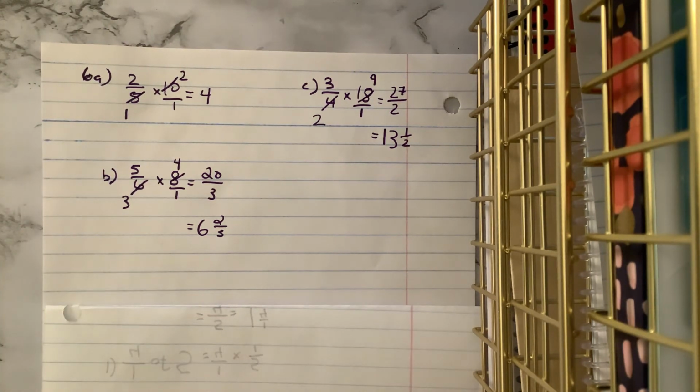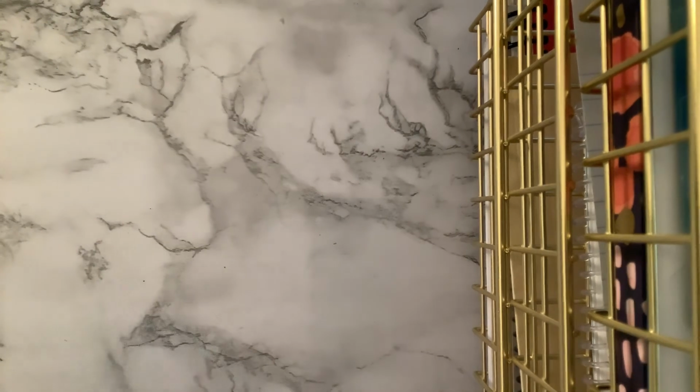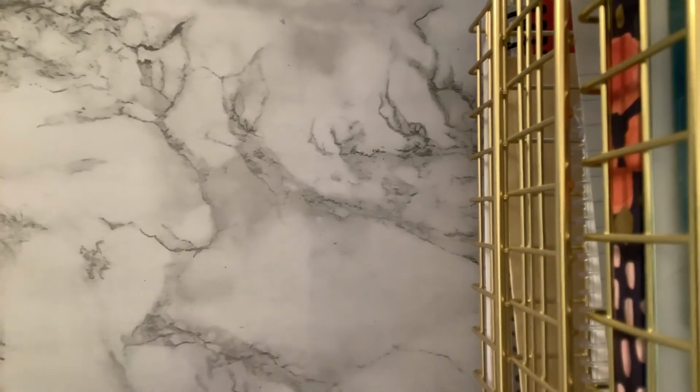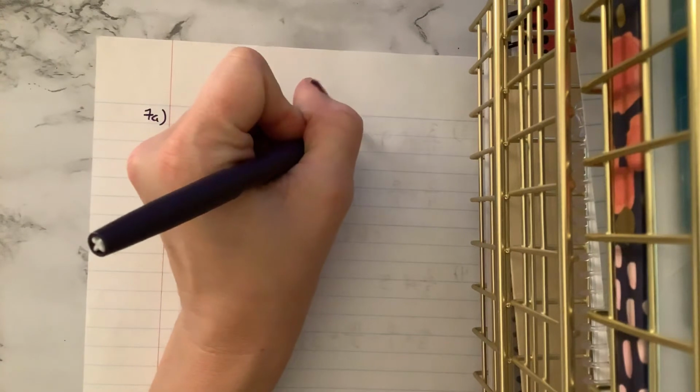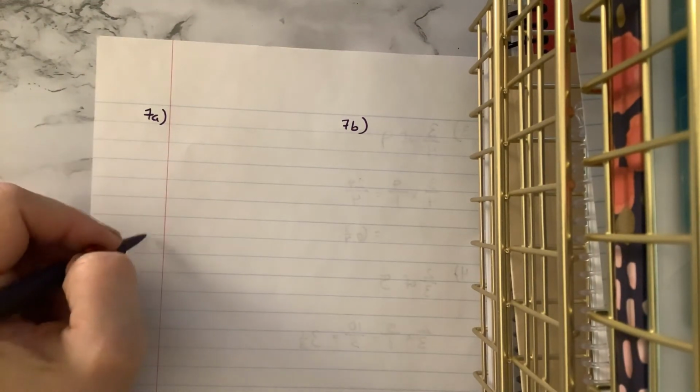Where are we at? Let's see. Okay, let's go on to 7. Let's say 7A, 7B, 7C.